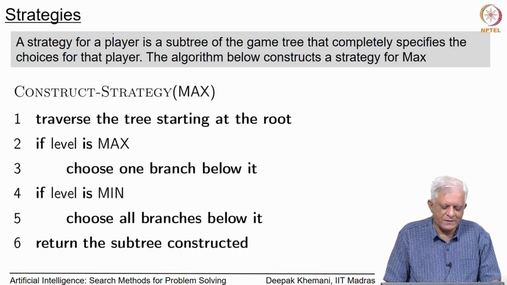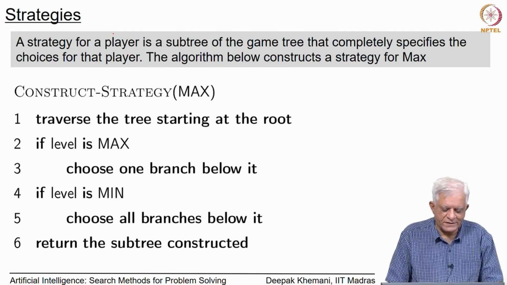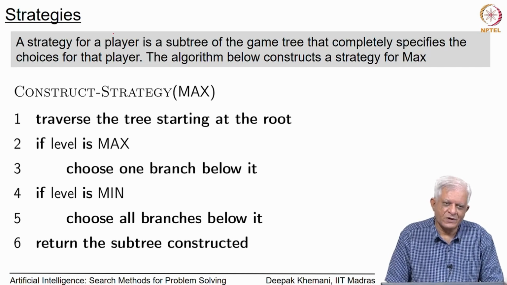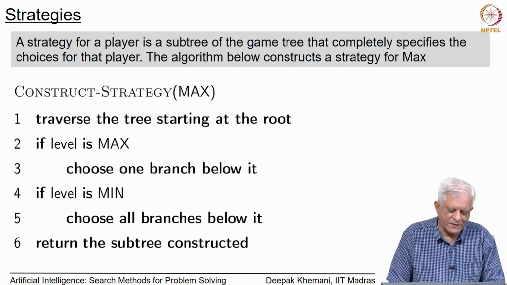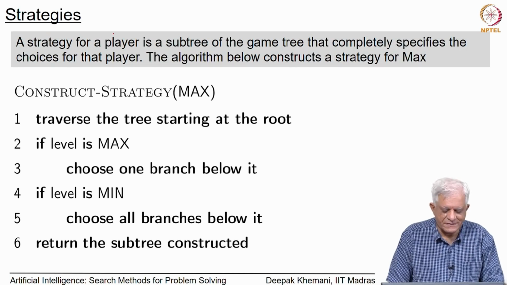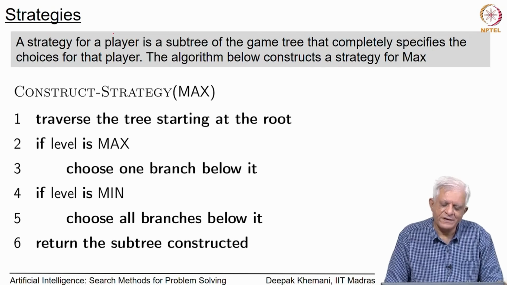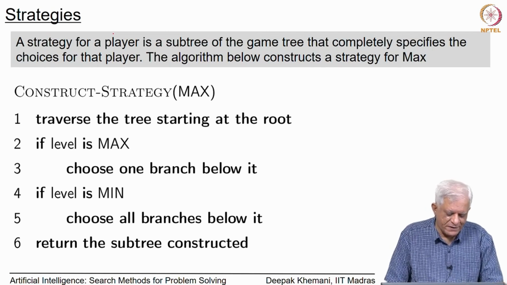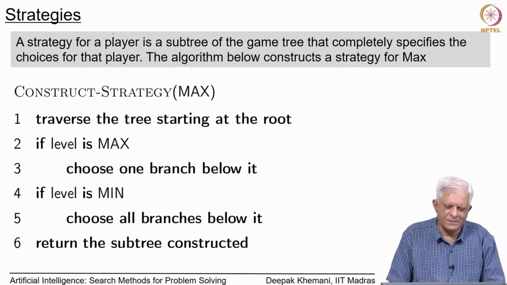So, here is a small program for constructing a strategy for Max. You start traversing the game tree starting at the root, go down level by level. If it is a max node that you are looking at, or if it is a max level, then choose one branch below it. If it is a min node, if it is a min level, then you choose all the branches below it, and then finally you return the subtree that is constructed.